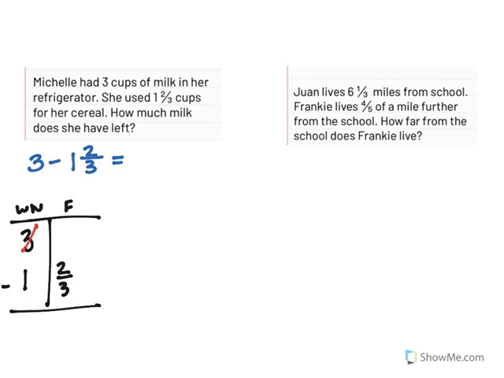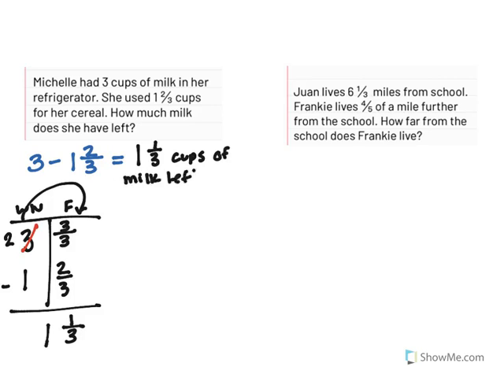I have to decompose a whole from the whole number side and regroup it to the fraction side as 3/3. We now have 3/3 minus 2/3. That gives me 1/3. And then 2 minus 1 is 1. So she has 1 1/3 cups of milk left.